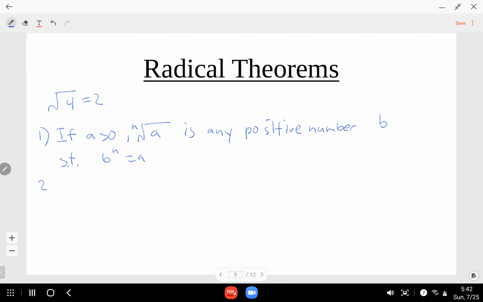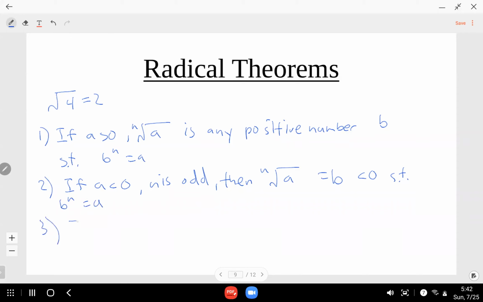And then number 2, if a is less than 0 and n is odd, then the nth root of a equals b, which is less than 0, such that b to the n equals a.